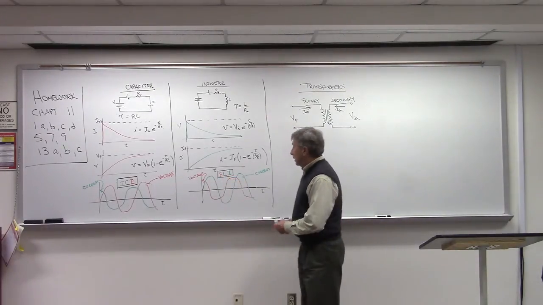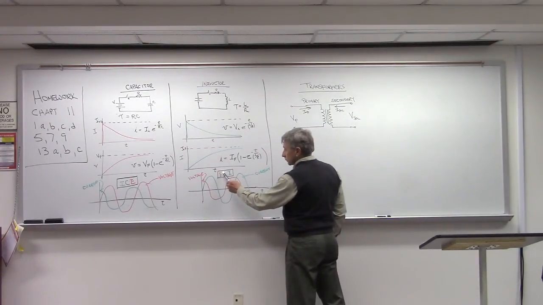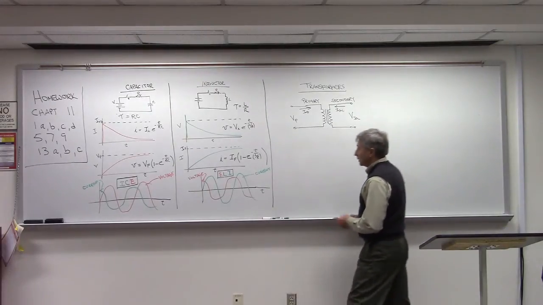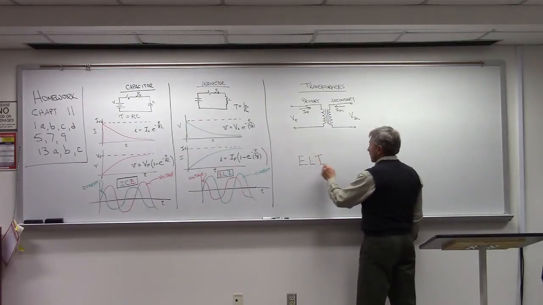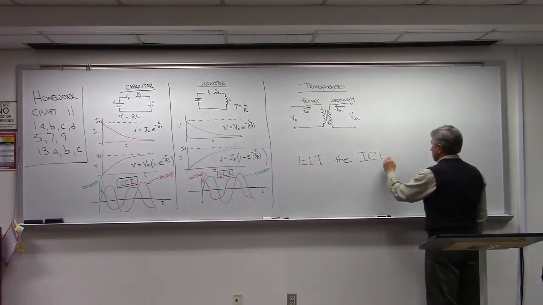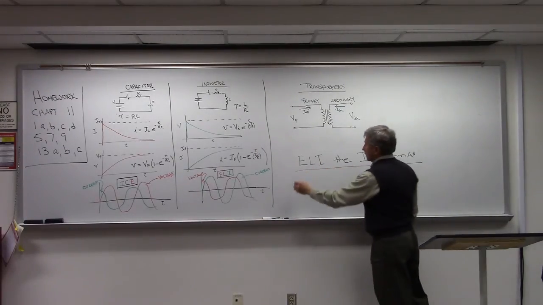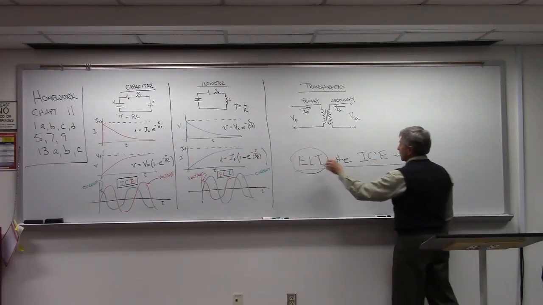And there was a memory thing going on with this as well. Here's the symbol for the inductor. It's the letter L. Here's voltage, here's current. So when I was in school, my professors always said, just remember ELI the ICEman. You just remember that sentence?